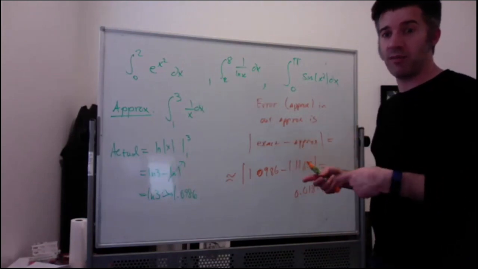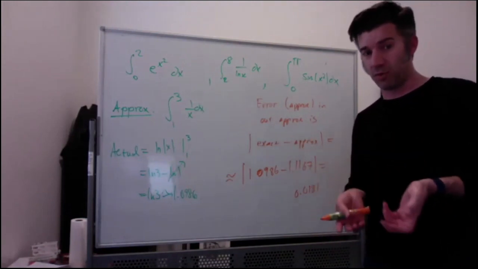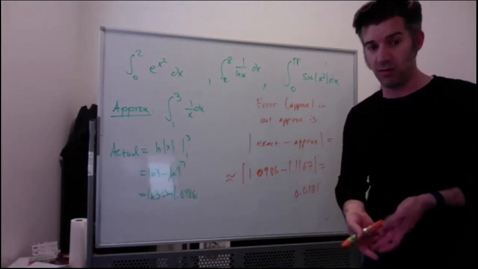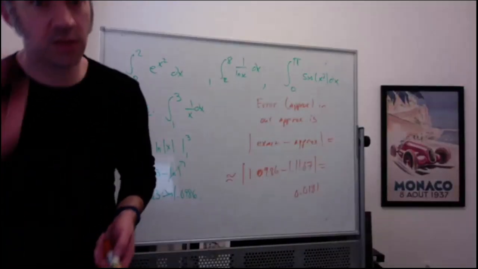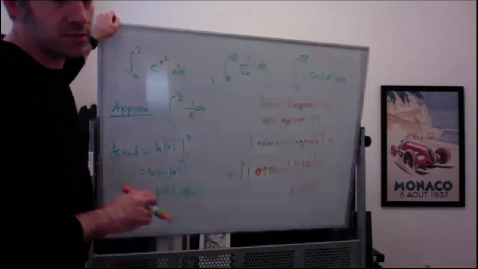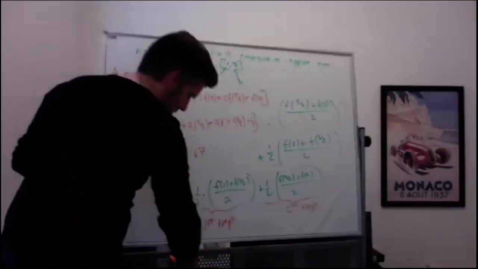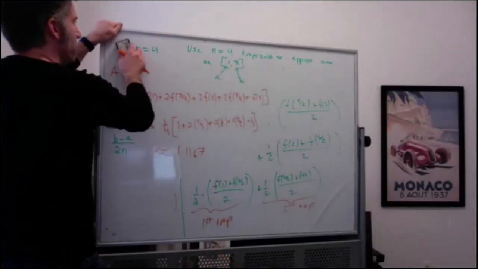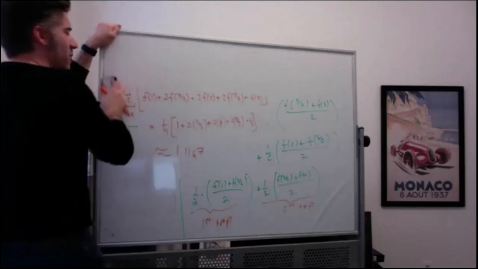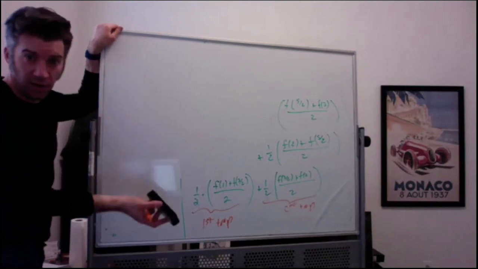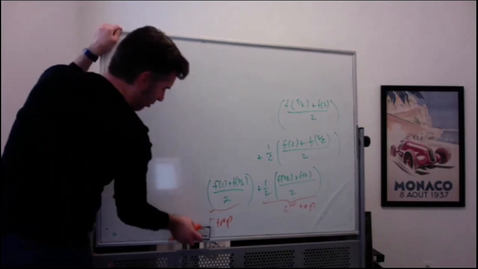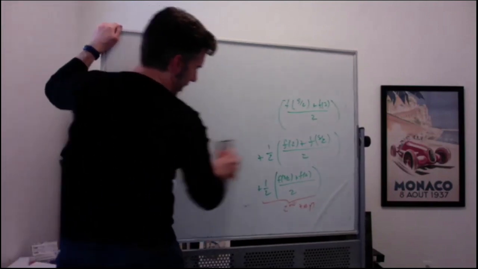The reason I bring up the error is because there is a formula to approximate the error as well, and we should talk about that while we have a chance. Sure, for this problem we were able to calculate the integral to find the area and know how good our approximation was. But what if we weren't able to do that?